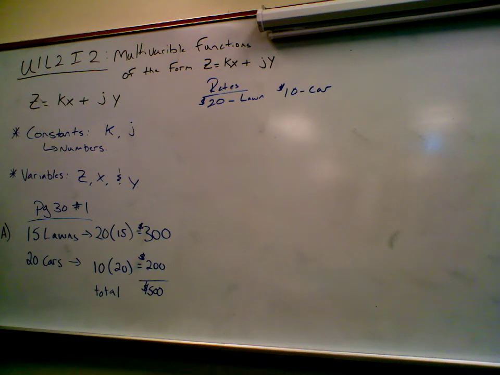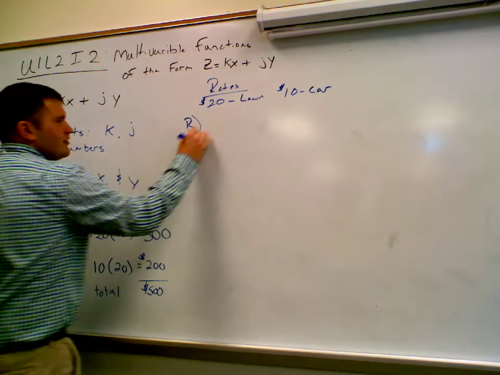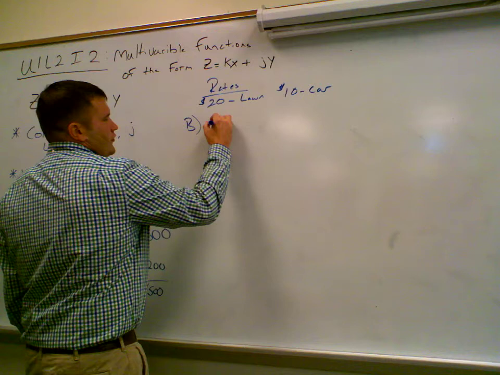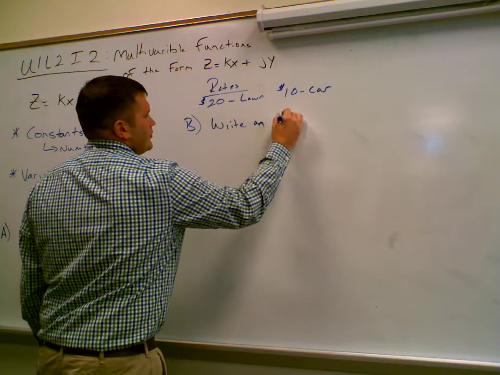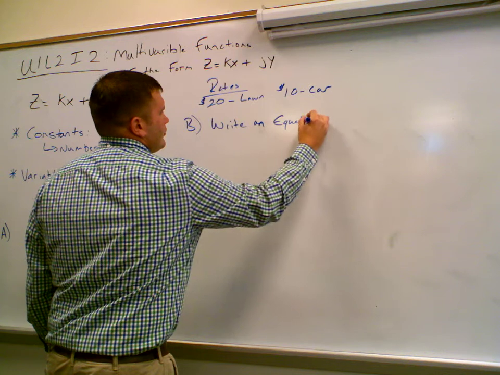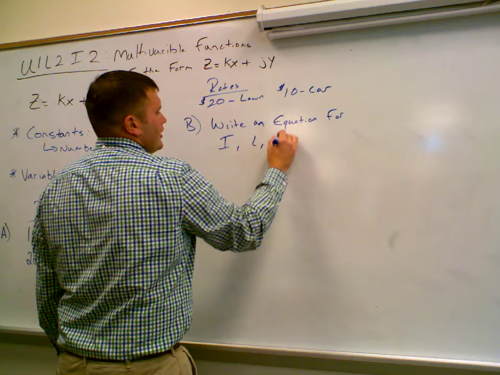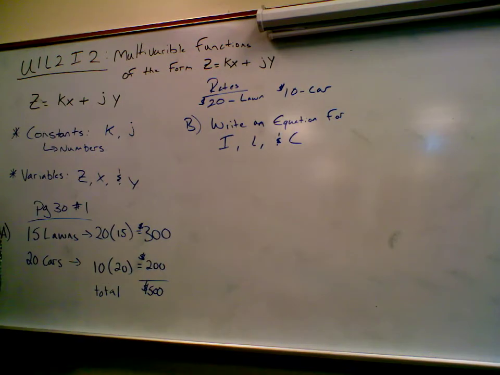Now when they say write a rule, what are they looking for? We're looking for a function, looking for an equation, right? So for B, we need to write an equation for I, L, and C. What did they say I was?